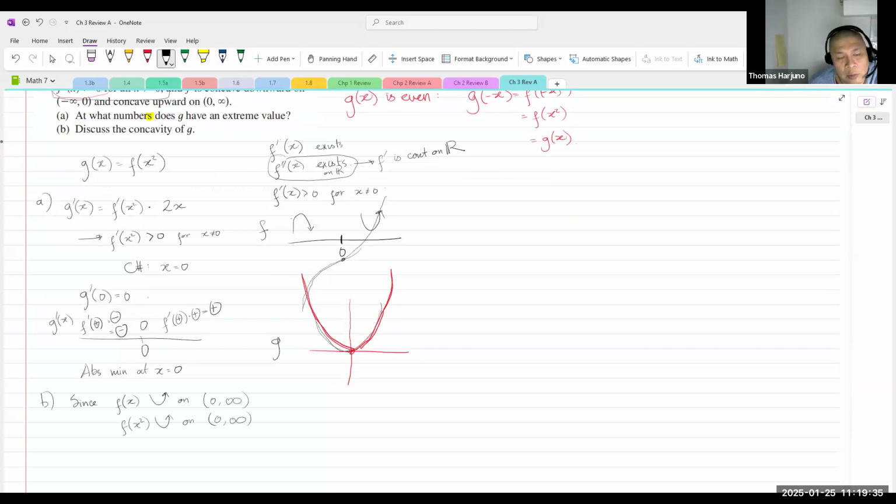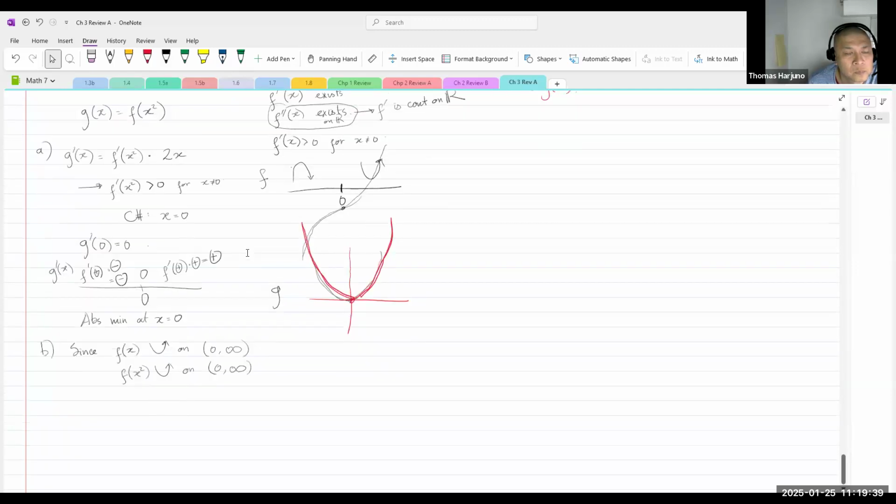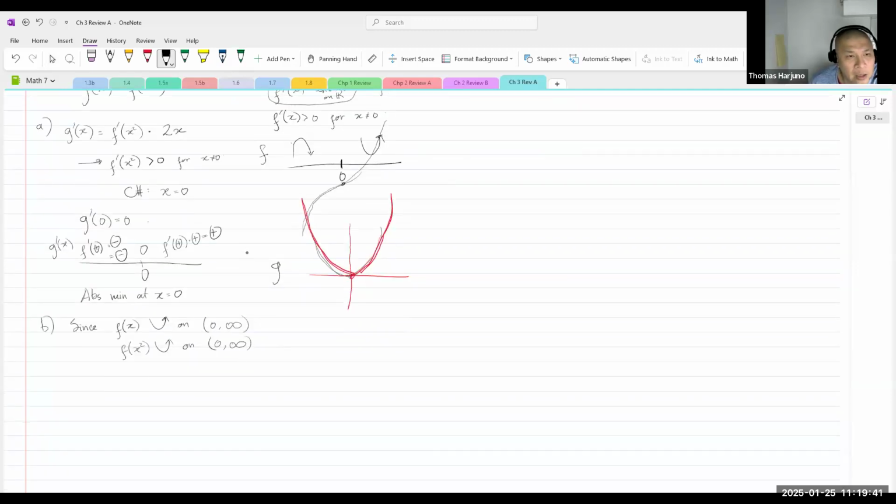Because x squared will be positive. On the other hand, g of x is even. That implies g of x is concave up also on negative infinity to 0.